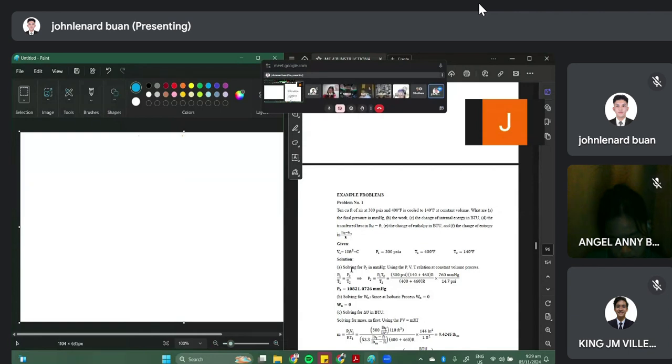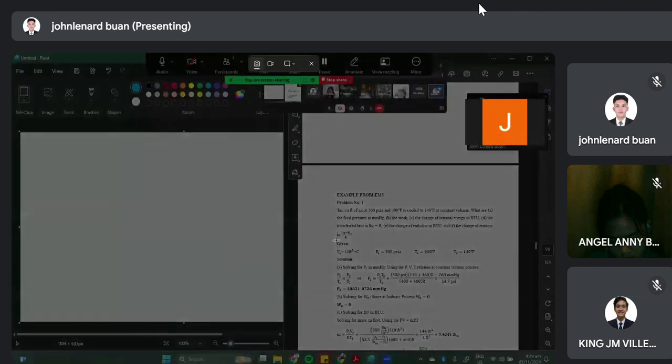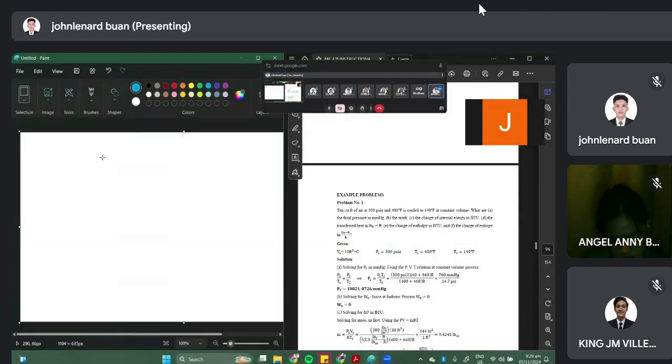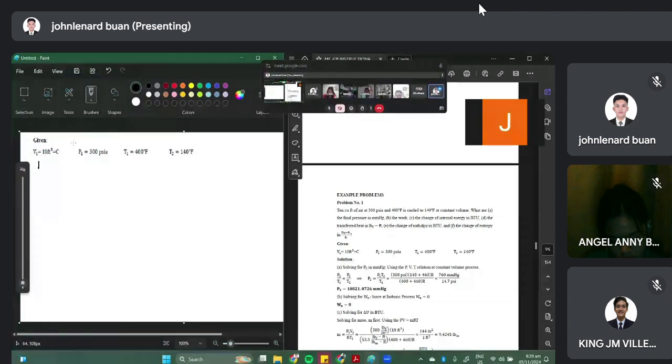Okay, so first thing first, always remember to write down the given po. So the given are the following. Still, you have to include kung ano yung pinapahanap ha. Hindi man maisama ni sir dito, hindi ko na isusulat, pero please, lalagay pa rin po yung mga pinapahanap po sa ating problem.